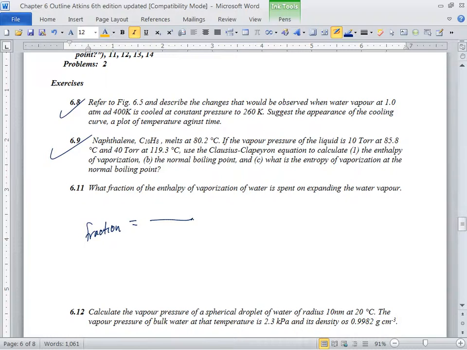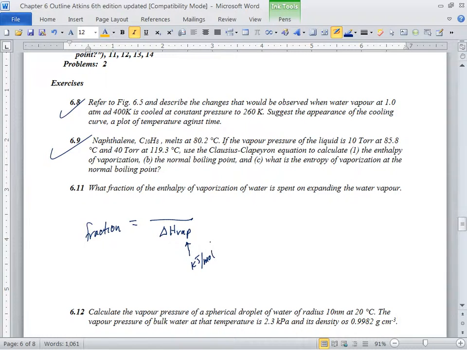The enthalpy of vaporization of water. So you've got to just look that up and put that number in here, right? What are the units for that? Isn't that typically kilojoules per mole? Okay.